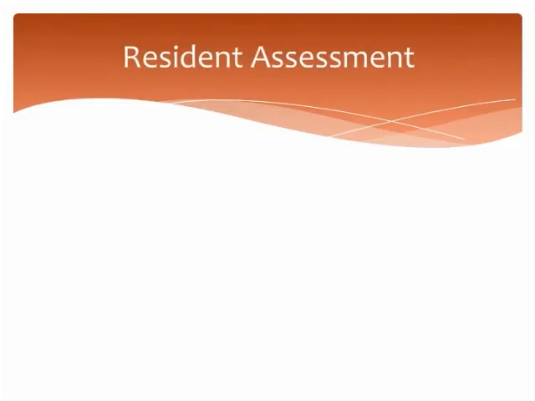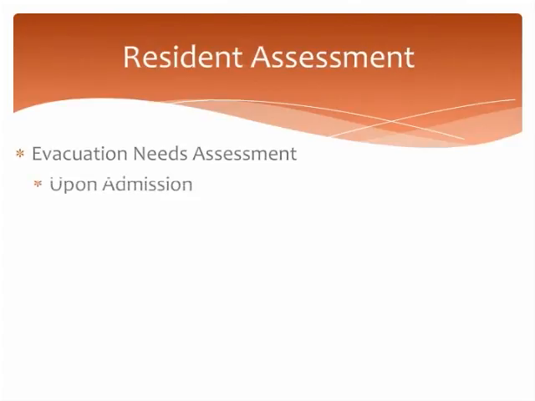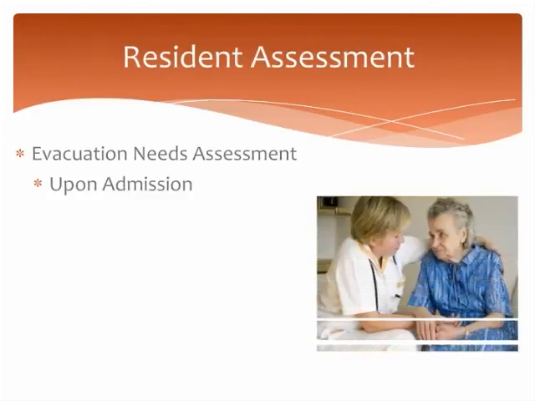In order to know what the evacuation needs of each resident are, an evacuation needs assessment must be documented for every resident. Evacuation needs assessments must be done within 3 days of admission. In some assisted living homes, residents are also reassessed 30 days after move-in once staff have had a chance to get to know the resident and better understand evacuation needs.